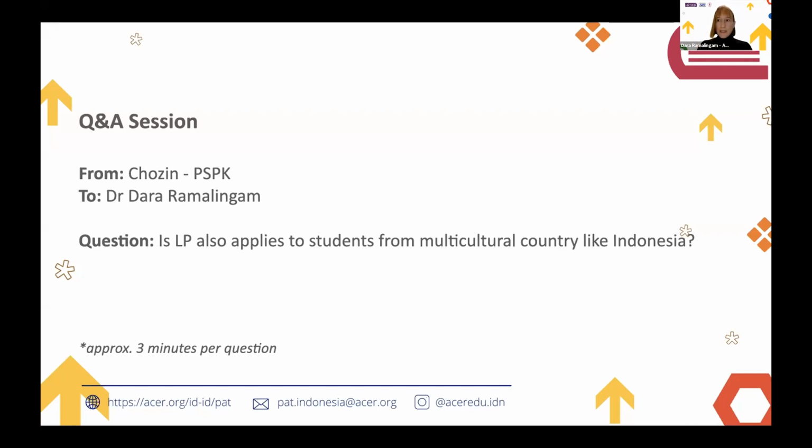So I guess we drew on as much different evidence as we could in developing those descriptions, and that's what helps us to be confident that they should be applicable in different contexts and different circumstances. We didn't, for example, only use Australian data. The data was from many different programs used internationally. So that is how I would answer that question. Yes, I think LPs can also apply, even in a country with a diverse population.